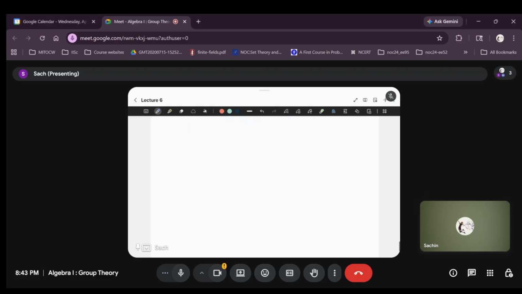Next subgroup you might come across is the center of a group. Of course, while defining it, we won't really bother about whether it is a subgroup or not, but it turns out that the center is a subgroup. The center Z(G) of a group G. The Z is from the German word Zentrum or something, which means center.